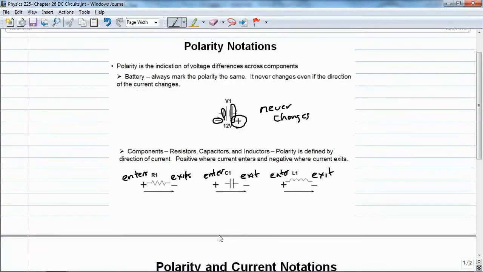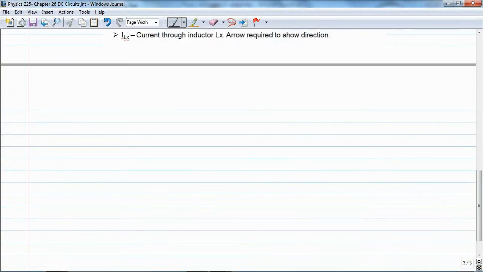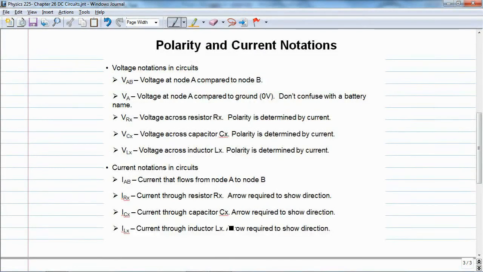Now, a few other notations that we want to know relate to different quantities that we'll find.